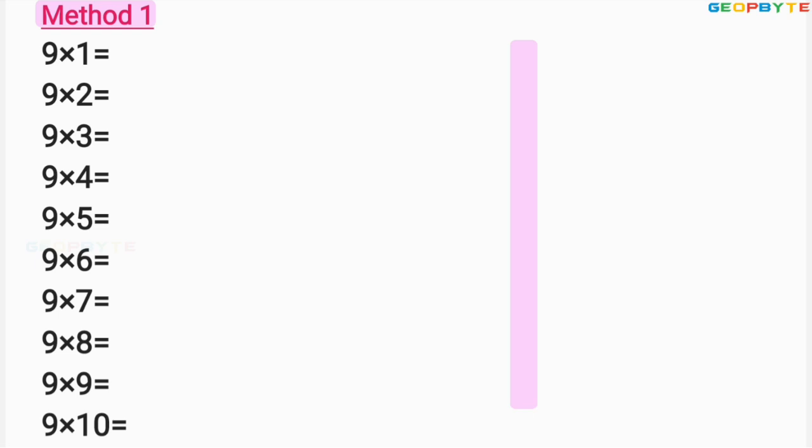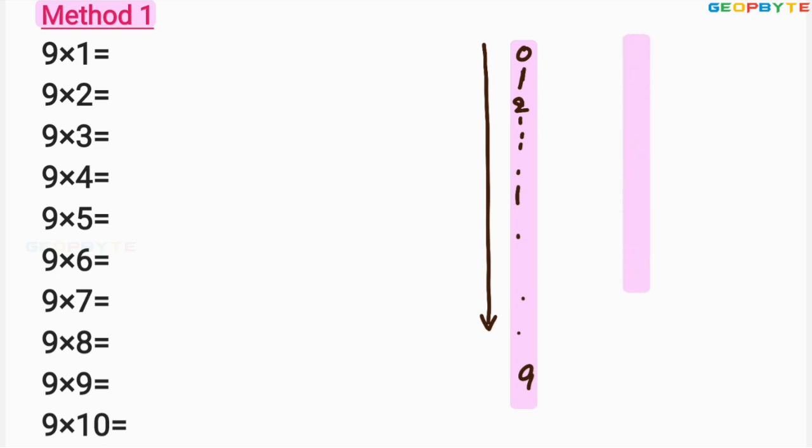In that column, from top to bottom, you write orderly from 0 to 9, like 0, 1, 2, 3, 4. Similarly, from bottom to top, orderly you write 0, 1, 2, up to 9.